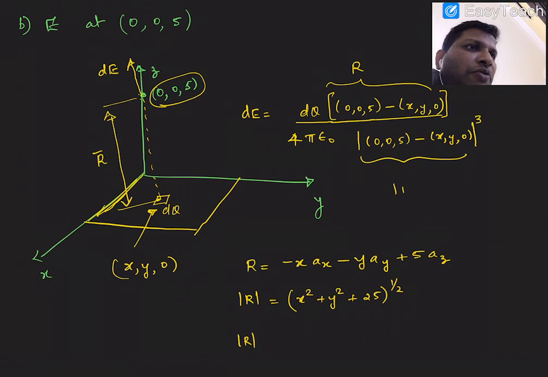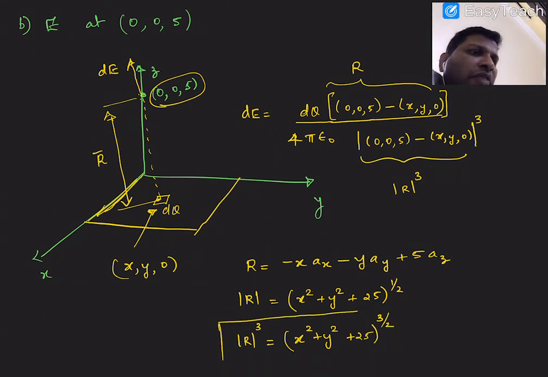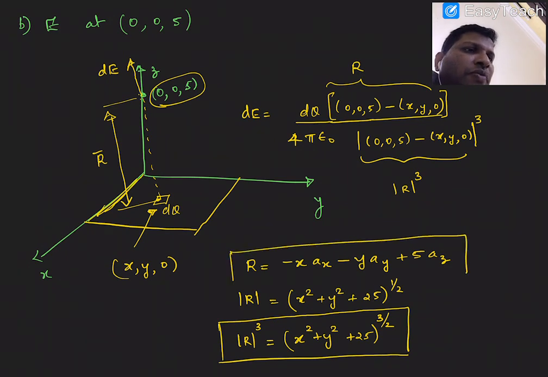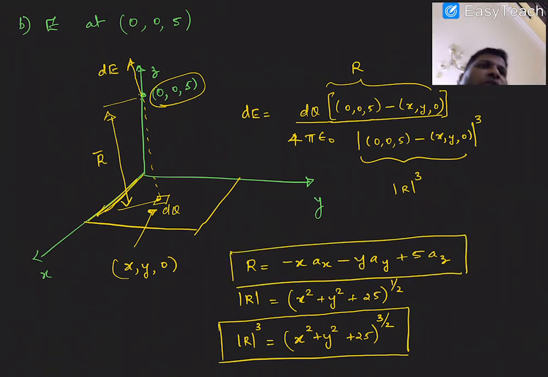This is magnitude of r whole power 3. So this becomes x square plus y square plus 25 whole power 3 by 2. Okay, so we got the value for r cube and also we got the value for r. Now we can proceed.